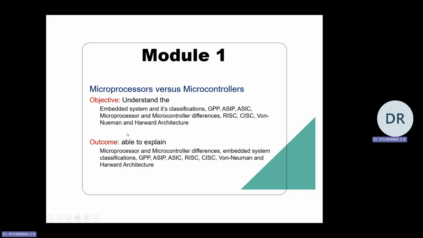The main objective of this module is to study and understand the typical embedded system, how it will be defined, what the embedded system looks like in terms of a block diagram, and how embedded systems have been classified.